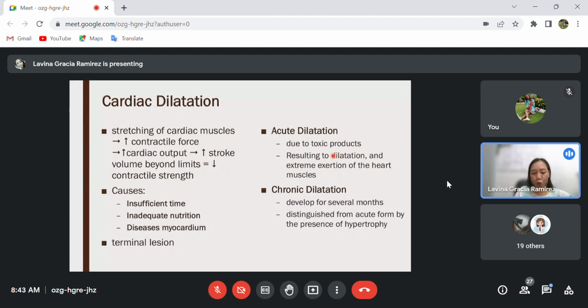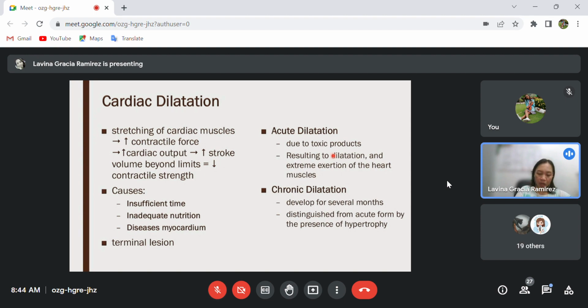So dun na pwedeng mag-originate yung different diseases of the heart. It could be terminal or pwedeng talagang long-term development. Yung iba naman, it could be parang controlled. However, chances are, pag complicated pa siya with other infectious conditions, dun nagiging problem.